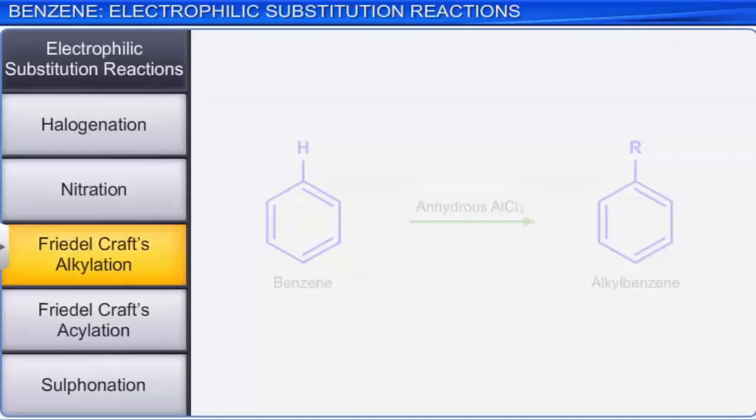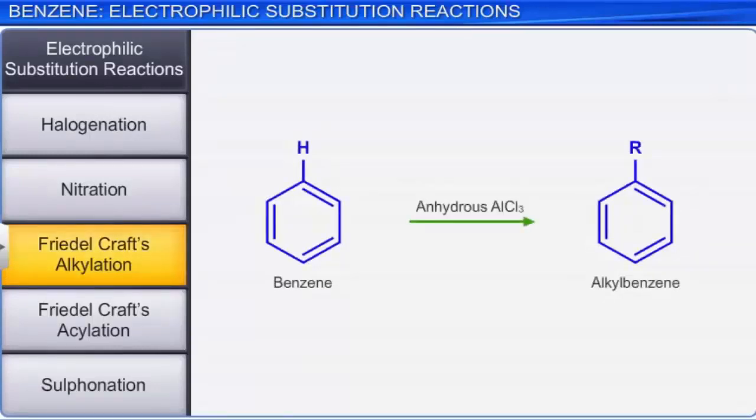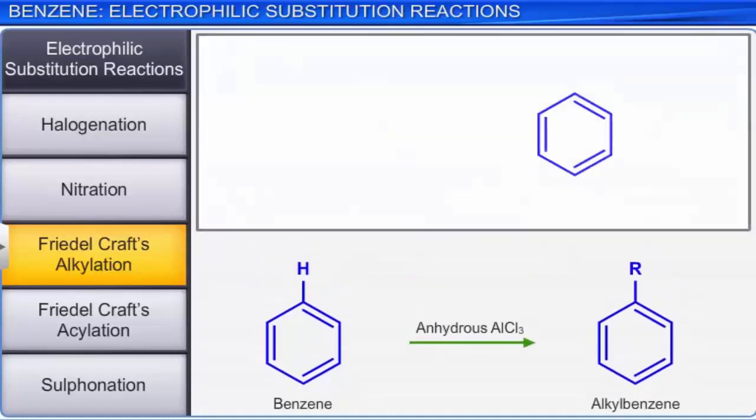Now let's look at Friedel-Crafts alkylation reaction. When the hydrogen atom in a benzene ring is replaced by the alkyl group, it is known as alkylation reaction. When benzene is treated with alkyl halide in the presence of anhydrous aluminium chloride, it forms alkyl benzene.